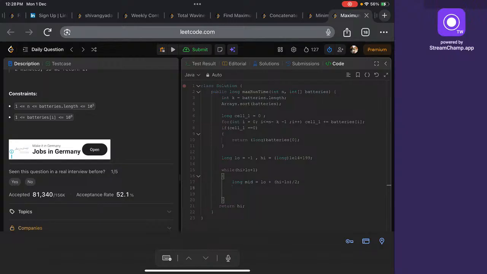We need some variables like current time equal to 0 minutes, and at the end we need current time to be greater than or equal to mid. Then we can say that we can run for at least this many minutes, else high equal to mid, we cannot run it for mid time.